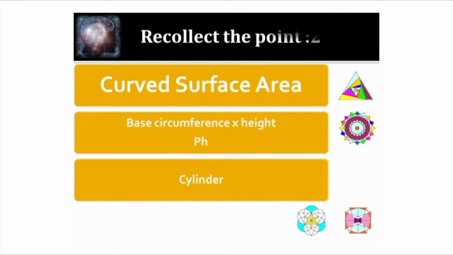Since the base of a cylinder is circle, it does not have lateral faces but one curved face. So, instead of lateral surface area, we can call curved surface area. So, CSA is equal to base circumference into height, that is equal to PH.